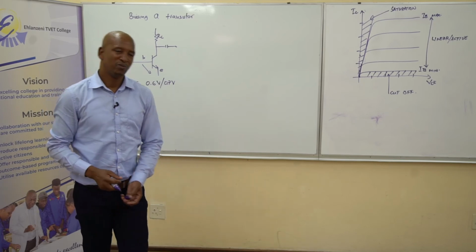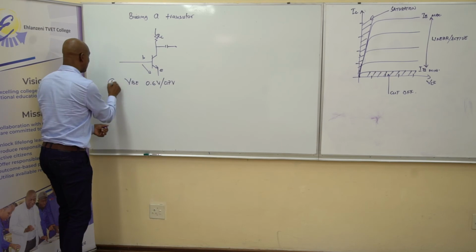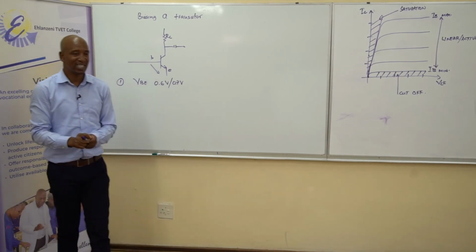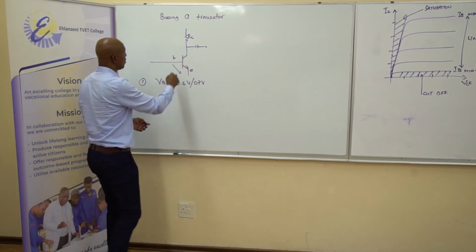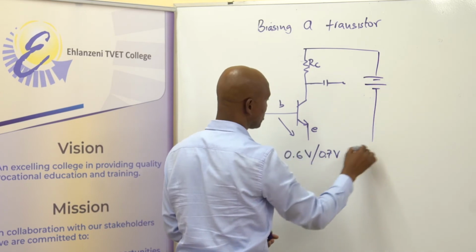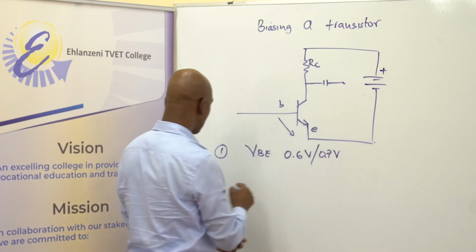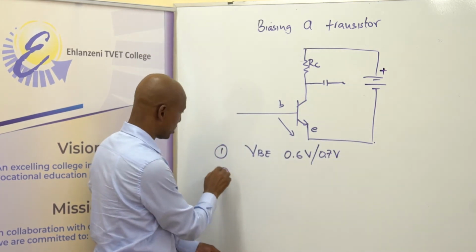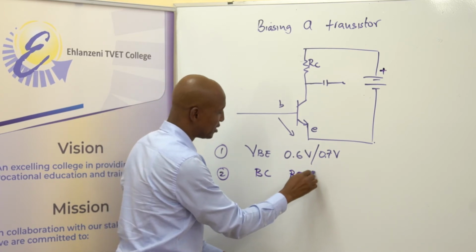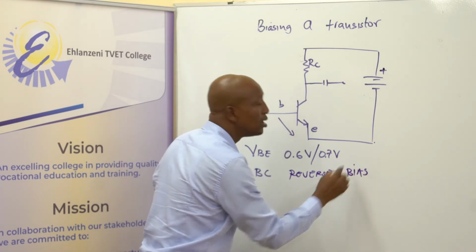So with that being our first step in biasing the transistor, it simply says that our base collector, remember we've got a source here which looks like this, will be in a reverse bias mode.